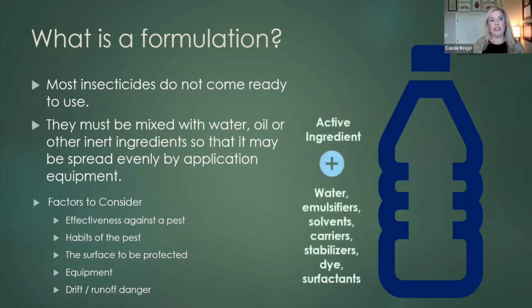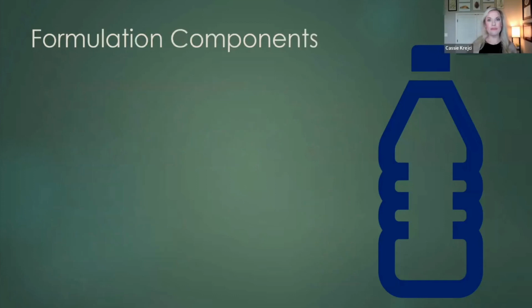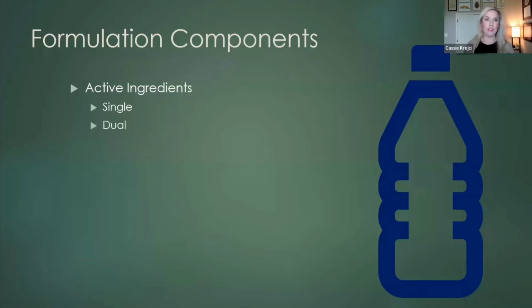So we talked about the active ingredient bit, but let's talk about the other parts, the other 99%. Just like I said, the water, the emulsifiers, the solvents, the surfactants, all the other parts that make these active ingredients perform like they're supposed to. So there are lots of different components. A lot of times what you'll use are formulations with a single active ingredient, but there are options to have dual active ingredients, sometimes as many as 4 or 5 active ingredients.